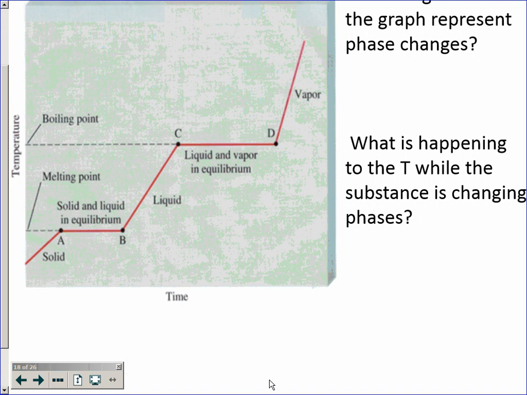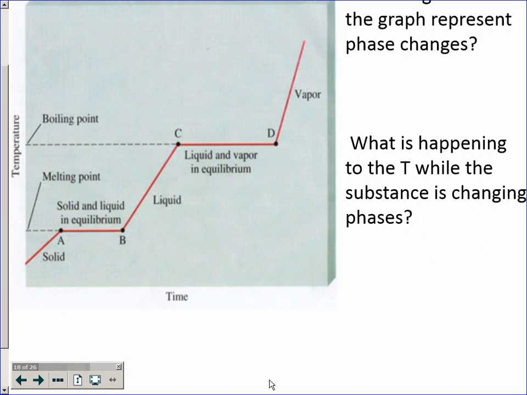So make sure you have solid liquid equilibrium, liquid vapor equilibrium, and then if you have gas up there, that's fine. We generally use gas and vapor very interchangeably. They're not exactly the same thing, but we're going to call it tomato for now. Also put A, B, C, D on there, so we have some common language between us.